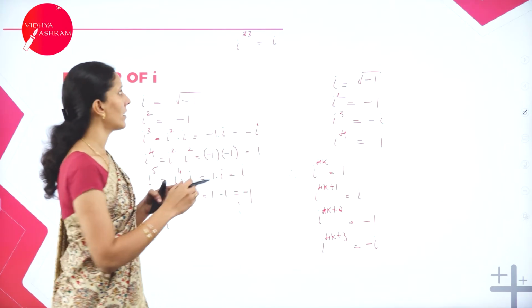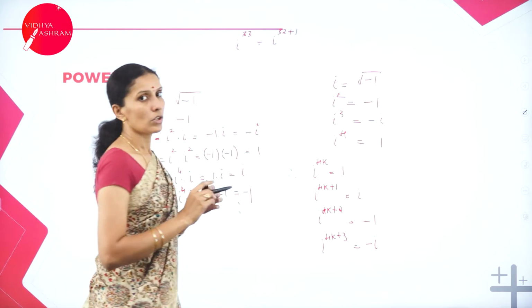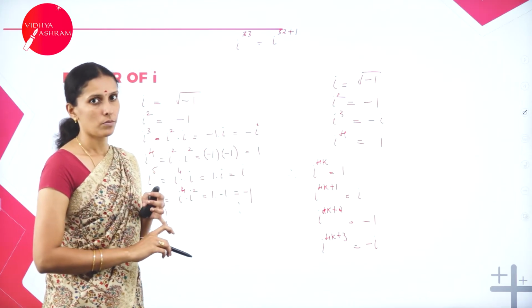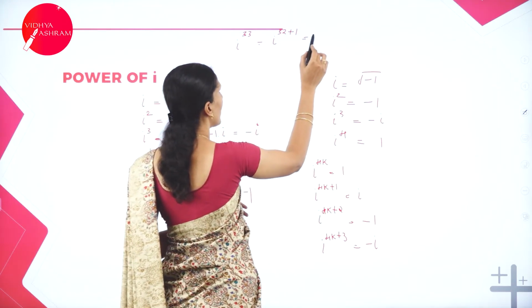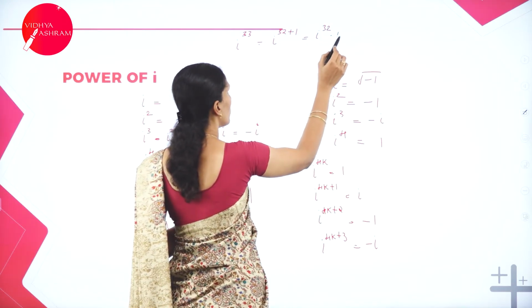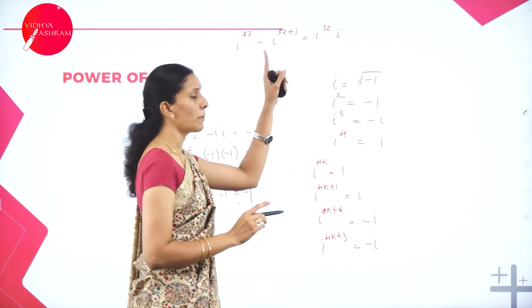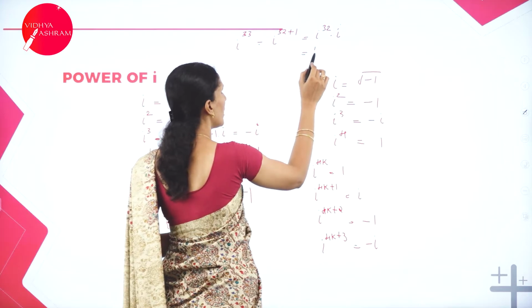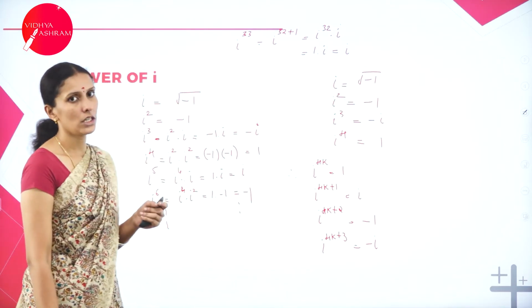So we can write this as 32 plus 1. 32 is a multiple of 4. So this is in the form of 4k plus 1, or you can write it as i power 32 into i. A multiple of 4 power is always 1. So i power 32 is 1. So 1 into i, the value is i itself. So i power 33 is i.